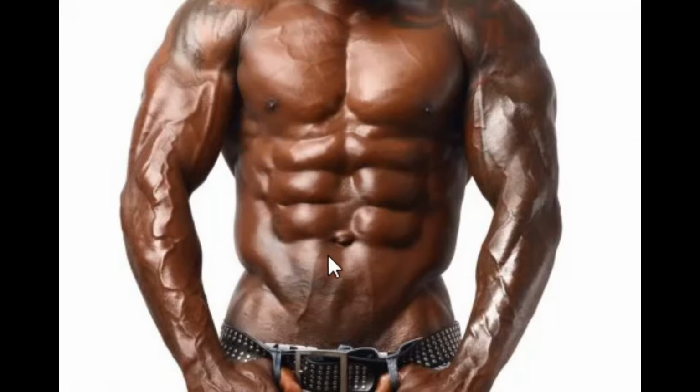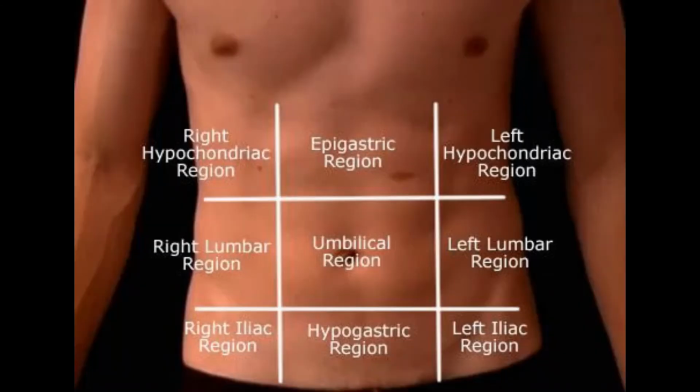In between the six-pack, these horizontal transverse lines are the tendinous intersections. They're like splitting the six-pack into its individual pieces. So again, linea alba, linea semilunaris, rectus abdominis.